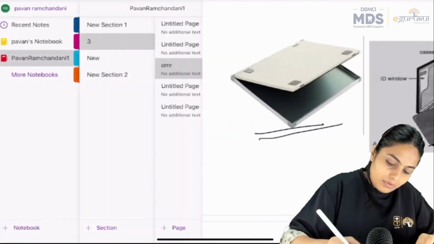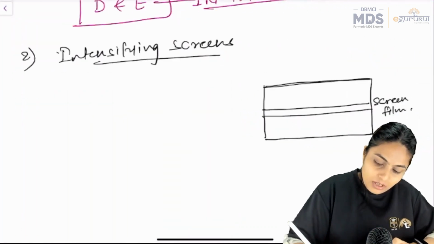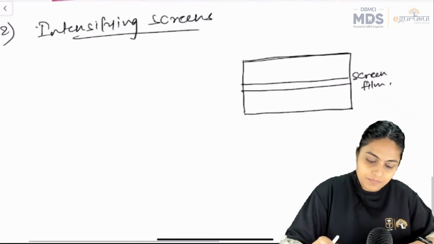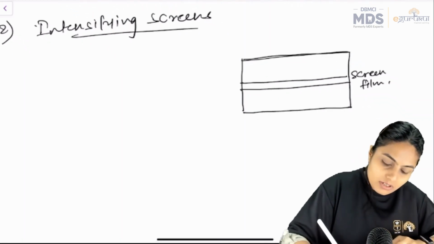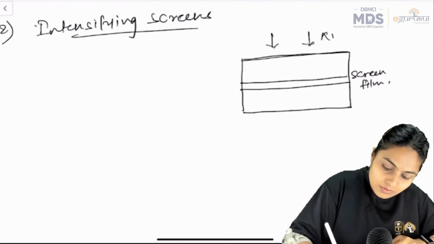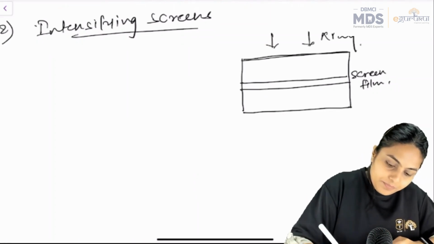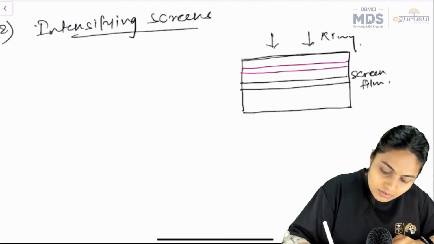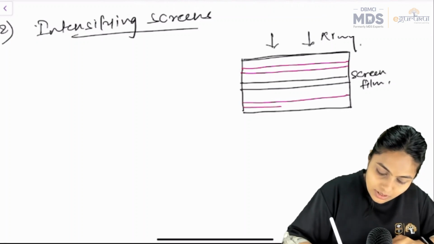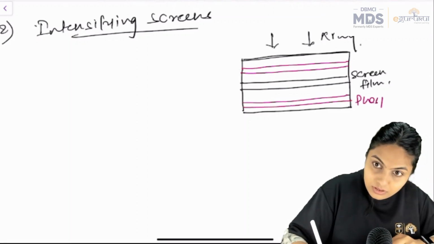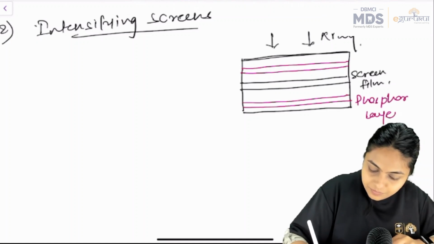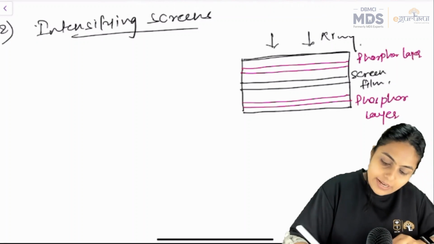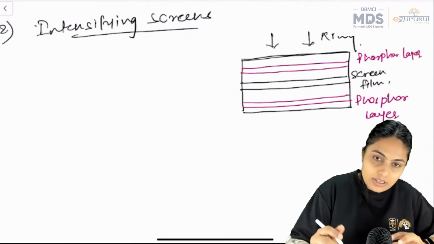Right, now how this actually works: when you irradiate this cassette, X-ray will enter from here. Intensifying screens basically contain a phosphor layer on both the sides. Now when X-ray enters, these phosphor layers are irradiated.